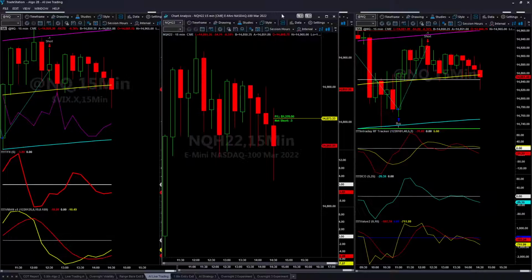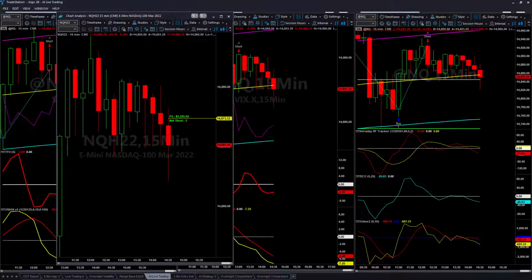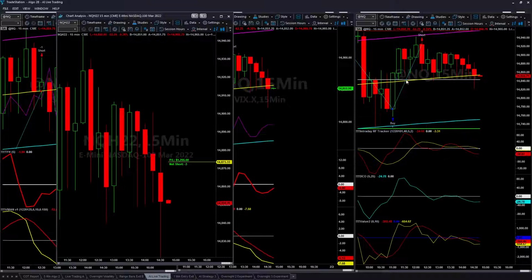No signal here, no signal here, but we got a signal. No signal here either, to the long here this morning. The Qs, we got a signal here this morning. No signal here either. Nothing there just yet.